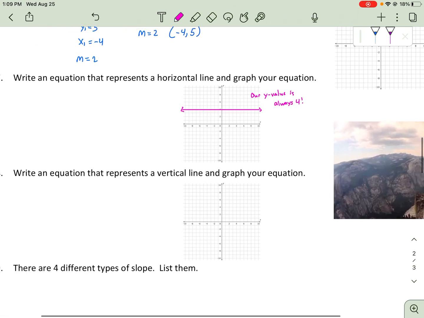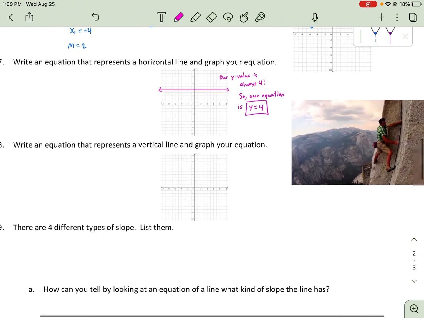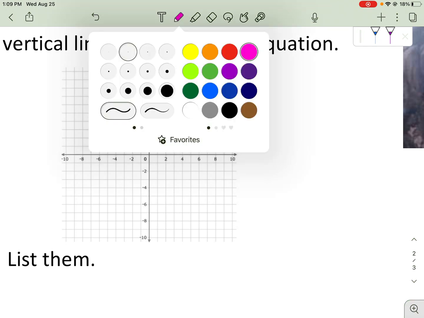So our equation is just y equals 4. Because it doesn't matter what x is. Pick an x value, it doesn't matter. Every single x value in the world has a y value of 4. So that's our equation.